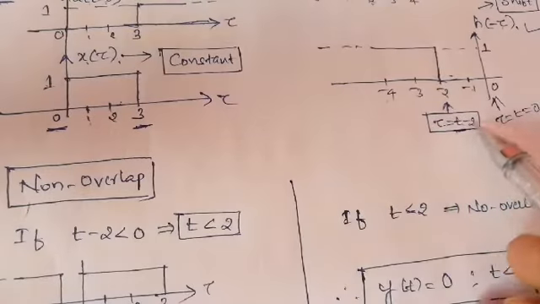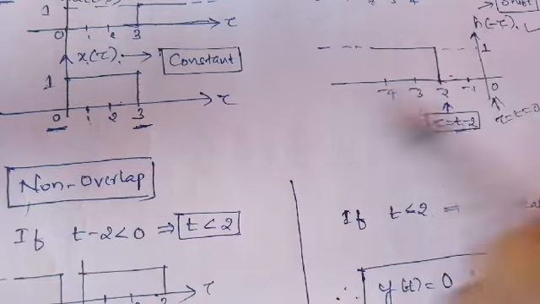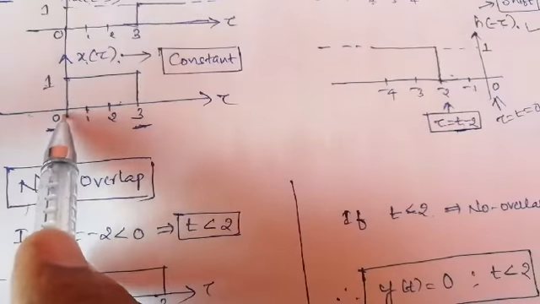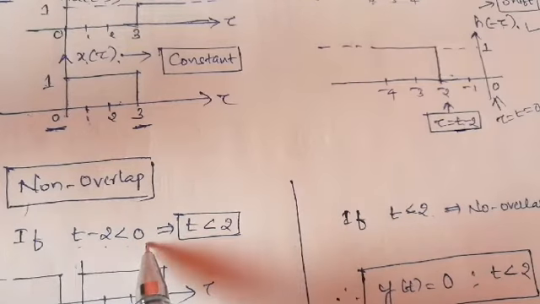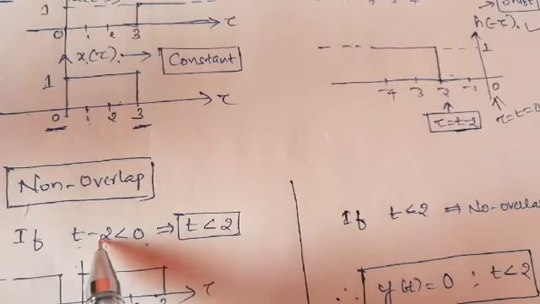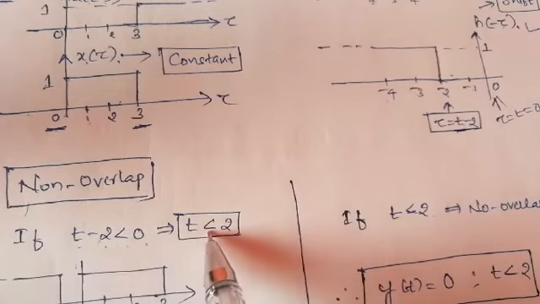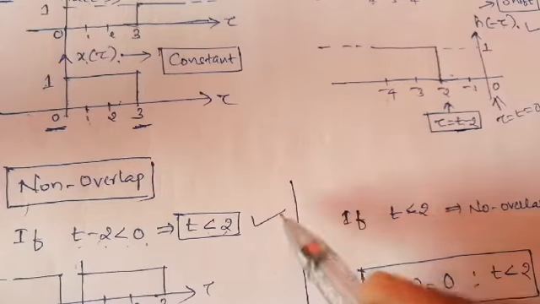If t minus 2 is placed before 0, that is, if t minus 2 is less than 0, then there is no overlap. Taking minus 2 to the other side, t is less than 2. So this is the non-overlap case.